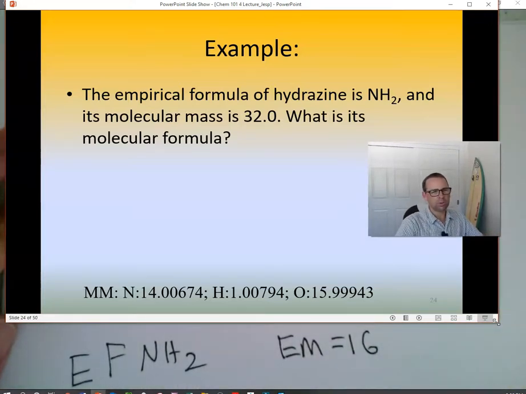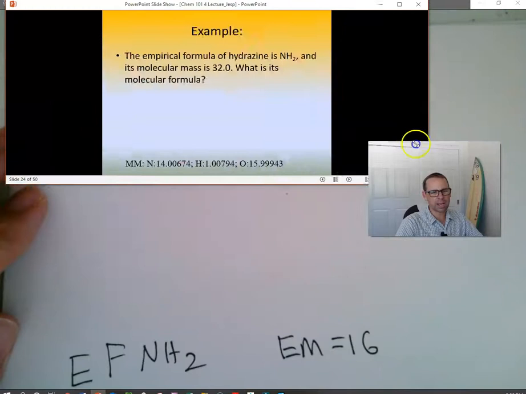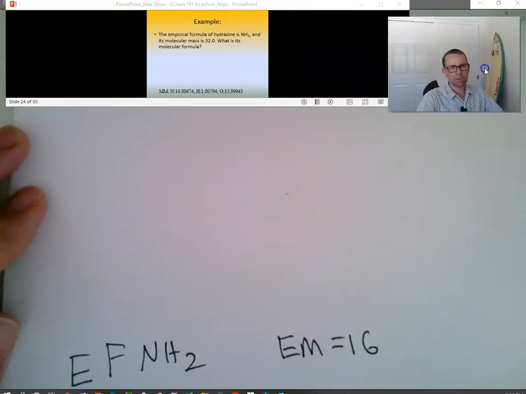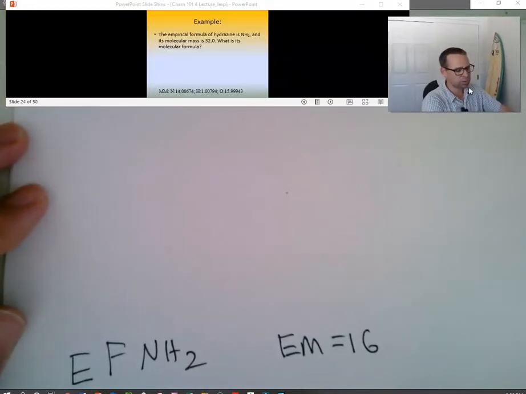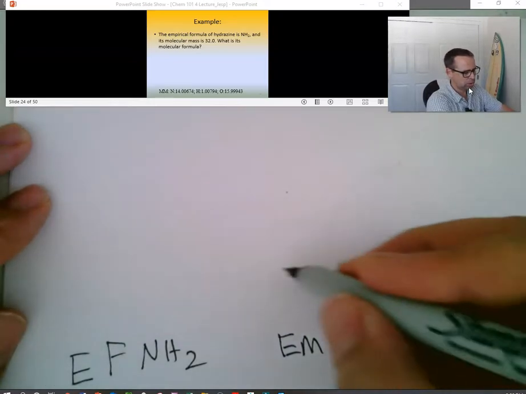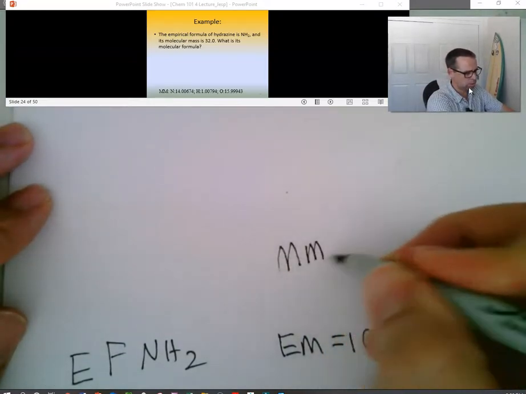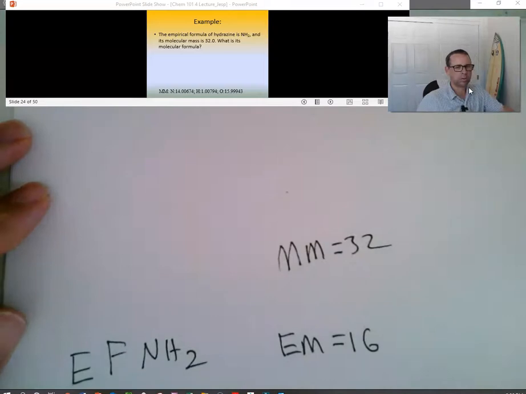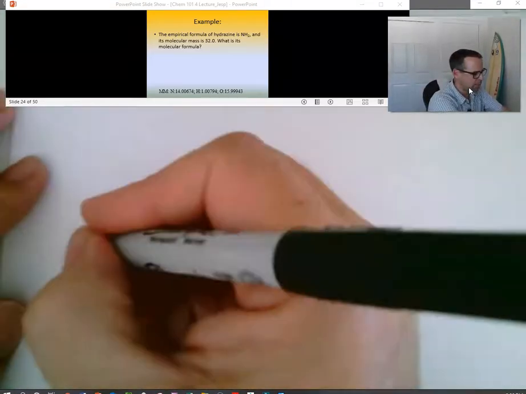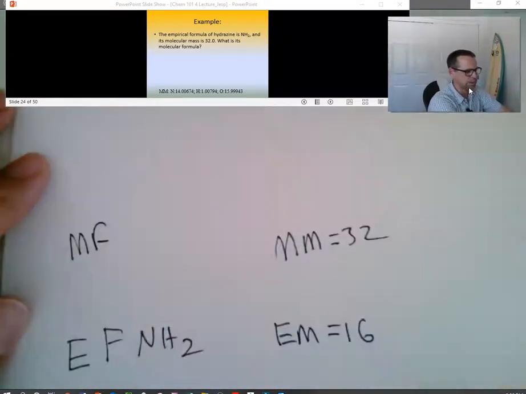Now, we are told that the molecular mass is 32. If the molecular mass is 32, how is that going to help me identify what the molecular formula is?